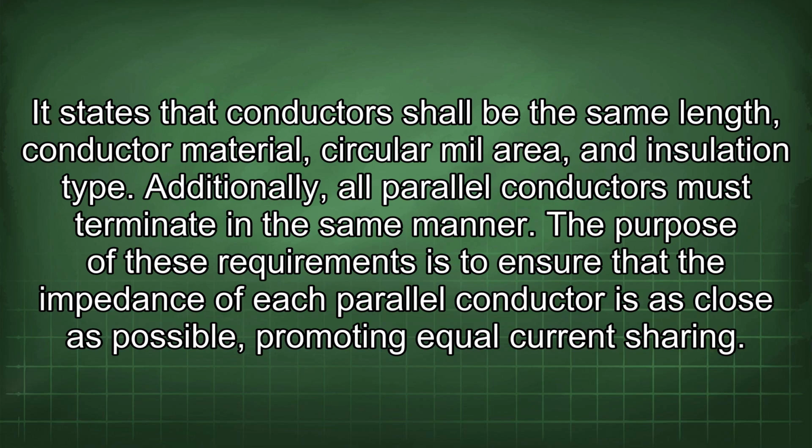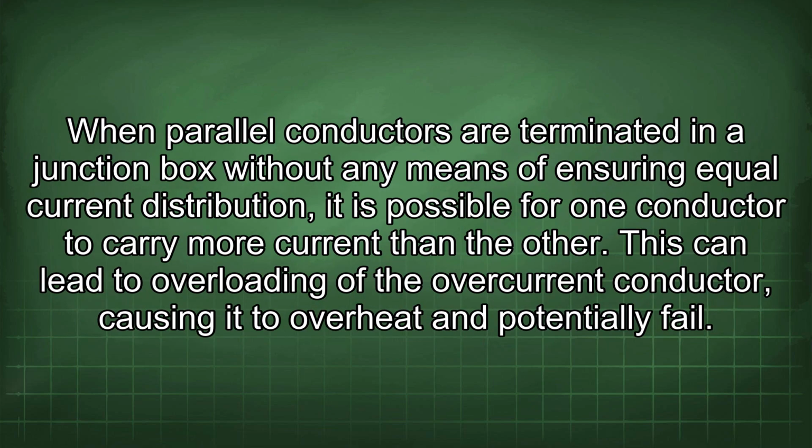The purpose of these requirements is to ensure that the impedance of each parallel conductor is as close as possible, promoting equal current sharing. When parallel conductors are terminated in a junction box without any means of ensuring equal current distribution, it is possible for one conductor to carry more current than the other. This can lead to overloading of the overcurrent conductor, causing it to overheat and potentially fail.